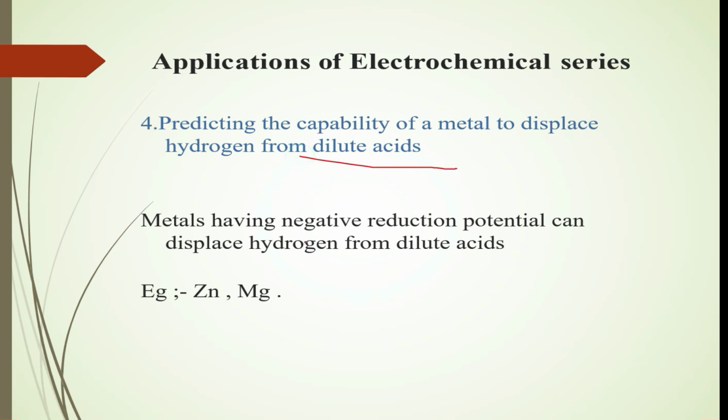A metal having a negative reduction potential can displace hydrogen from dilute acid. So these four are the applications of the electrochemical series we studied here.